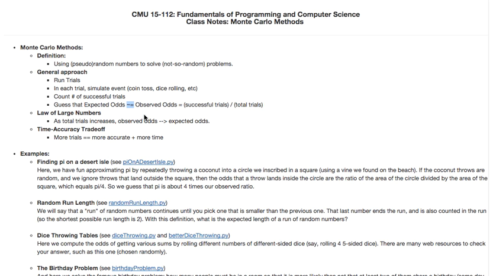It should approximately equal the odds, with the law of large numbers kicking in, which is to say, as our total trials increase, we approach the expected odds. After all, if I roll a die one time, I only have 2 possible outcomes. I'm either going to get the 5 or not get the 5. If I get the 5, that's 1 out of 1, and I'm going to say 100% of the time you get 5s, which is ridiculous.